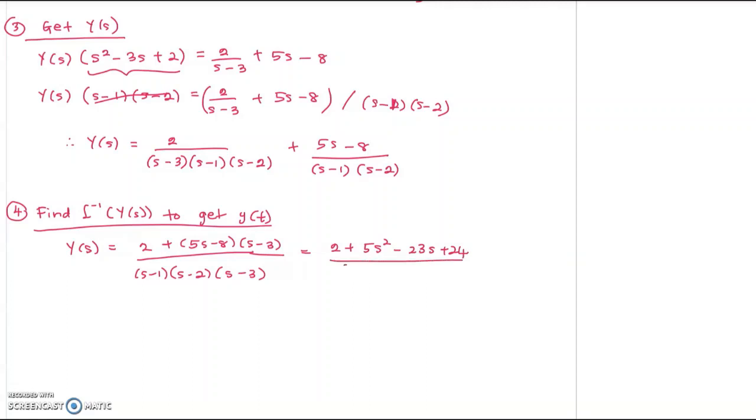The denominator remains. At the top, this 2 and 24 can be simplified further, so we have 26.